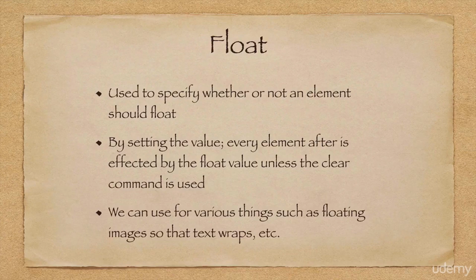However, everything after that float command will continue taking the same effect, so the next one will float left and the next one will float left. So what you do, as we did in the web page that we created earlier, is you need to use clear both, and what that does is it resets that float value on the element, so that it stops using the float.